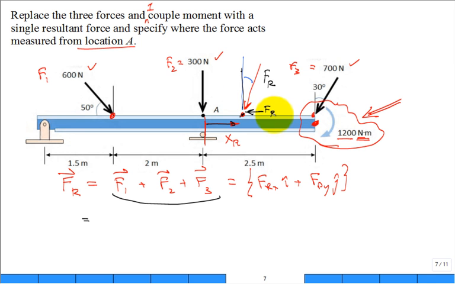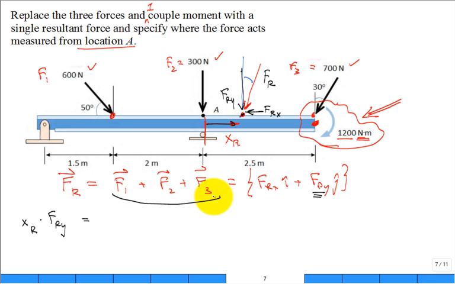That's F_R in the x. This is downward, F_R in the y. Only the F_R in the y produces a moment around point A. F_R in the x, its line of action goes through point A. So you would have the magnitude F_Ry, that's this right there, times x_R. That's for the simplified equivalent system.